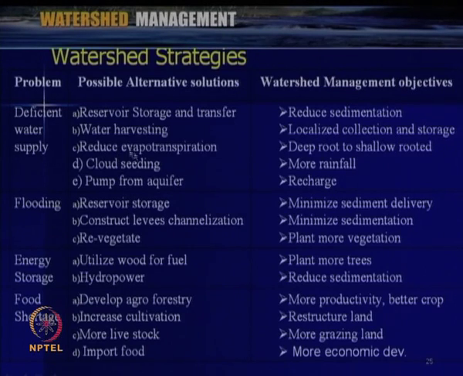Then we can reduce evapotranspiration by going from deep-rooted to shallow-rooted plants. In some regions we can go for cloud seeding, which may give more rainfall, and in some regions, depending upon groundwater availability, we can pump from the aquifer, and as far as watershed management is concerned, we have to go for recharge.